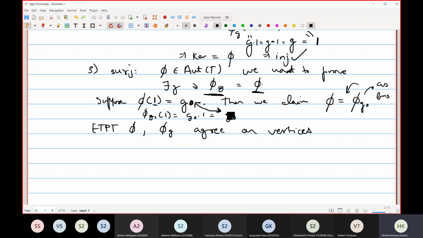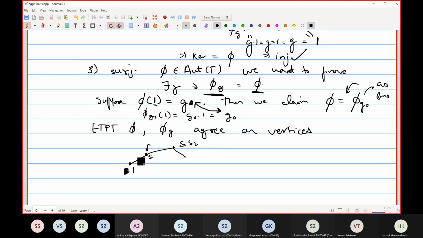But how do we move to more elements? Basically, we are right now at the identity element, and we have shown that phi agrees here. Now we want to move to the other elements. Suppose this was S1 belonging to your generating set, then this will be an edge. We want to show it now for S1, then for S1, S2, and so on.